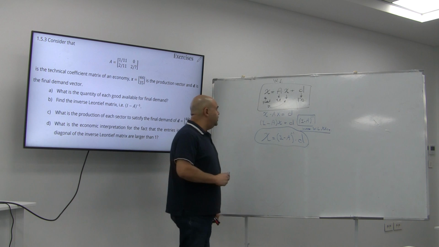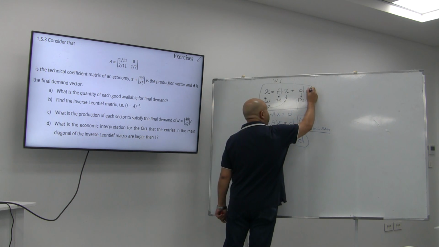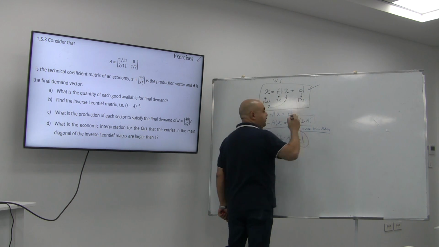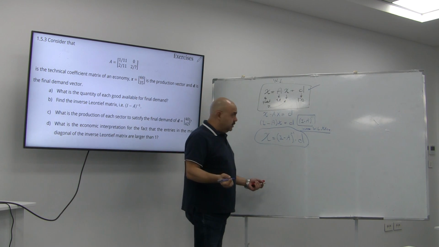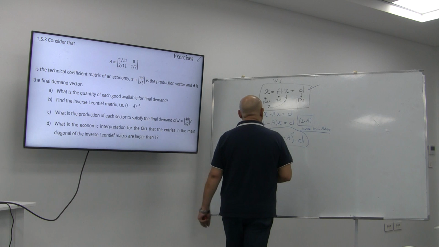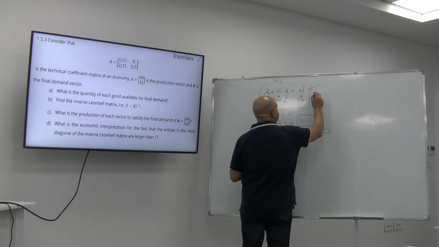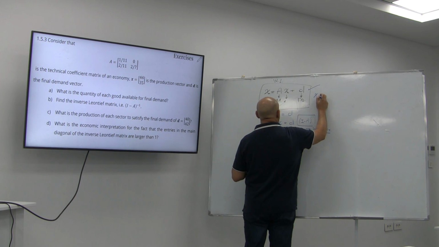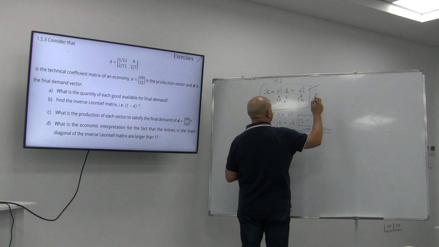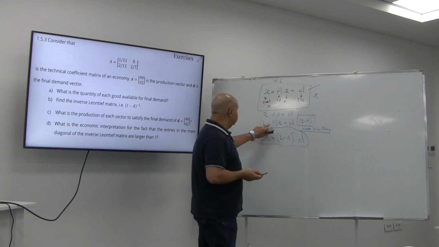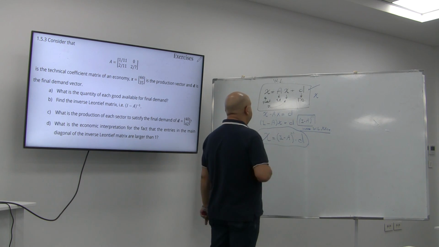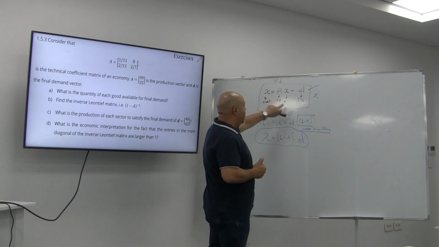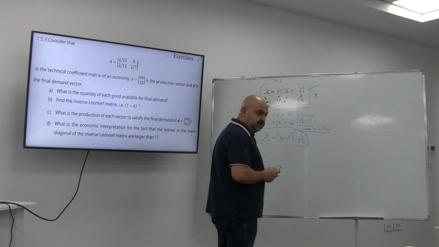In order to get this, I will use the main equation of the Leontief model. How to use it? Just make substitutions. I'm sorry, I will use this one in order to get the final demand directly, and instead of using this part and getting the difference, I will use this part directly.